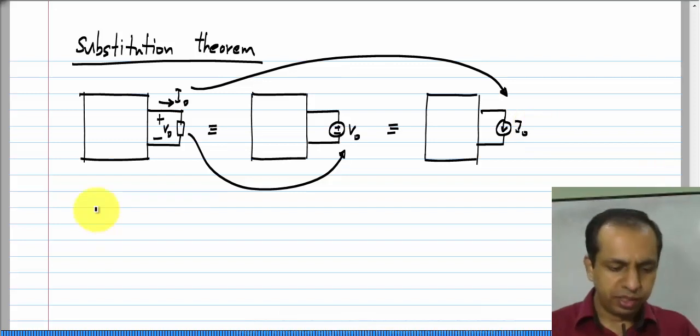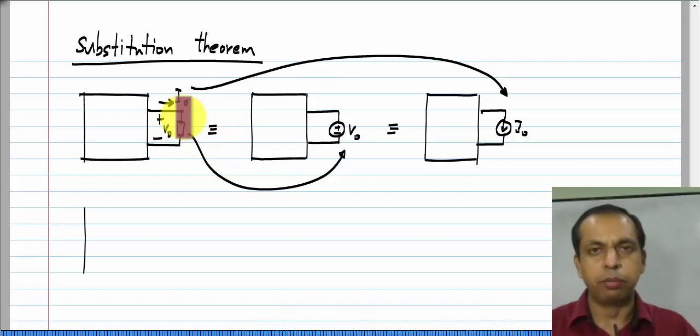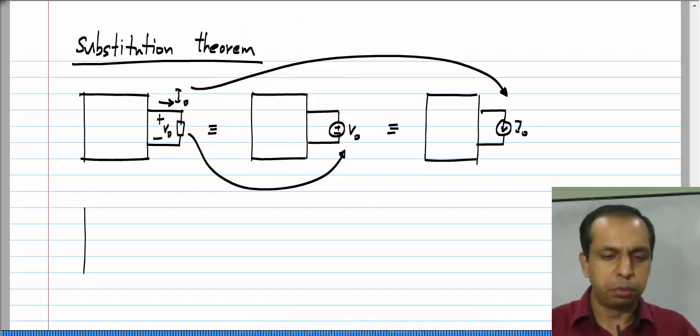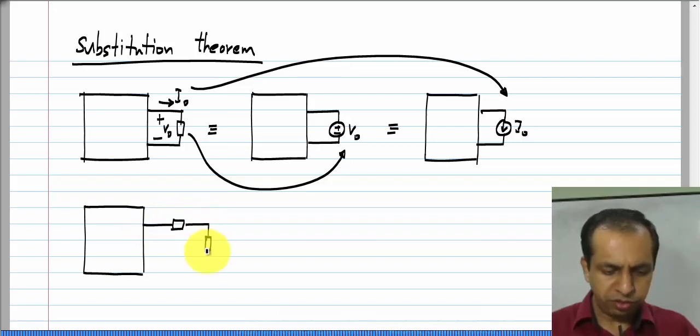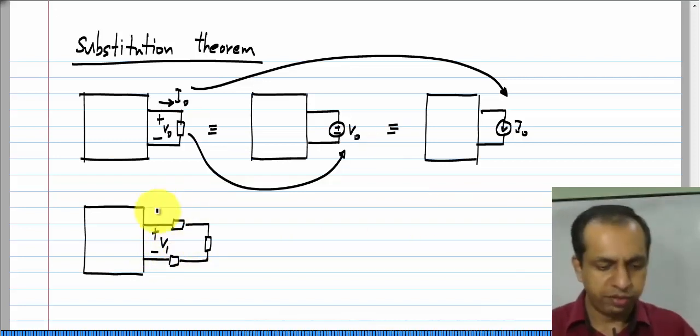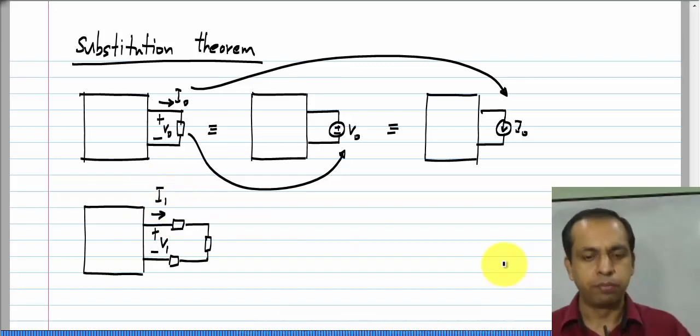Now, the very minor extension I mentioned is that you do not have to have just one element for it to be substituted, you can have multiple elements. So, for instance, let us say we had a series combination of 3 elements. And across the series combination, I had a voltage V 1, just to distinguish from the other case, I will call it V 1, and through the series combination, I had a current I 1.